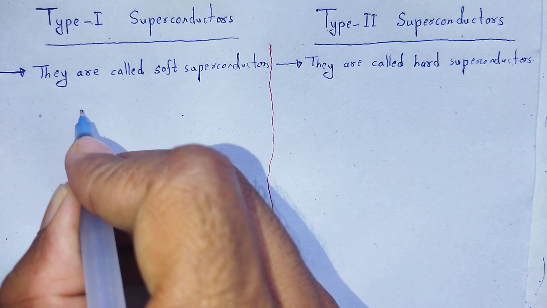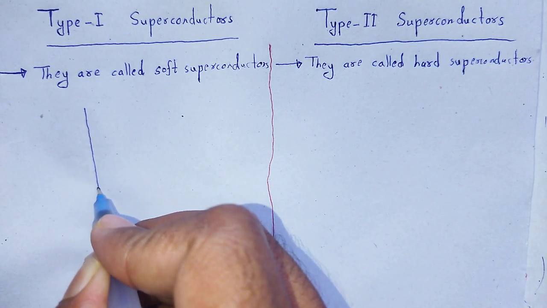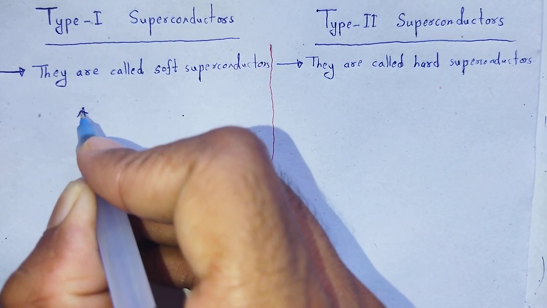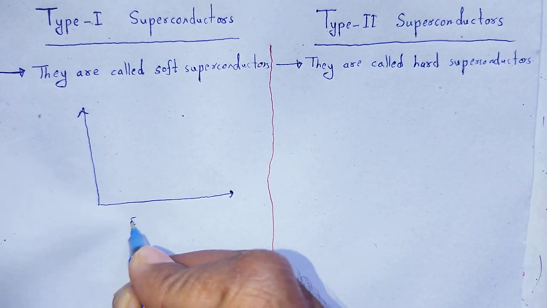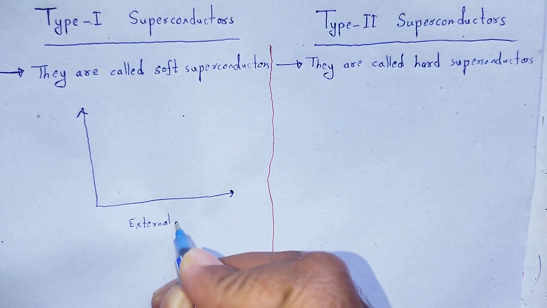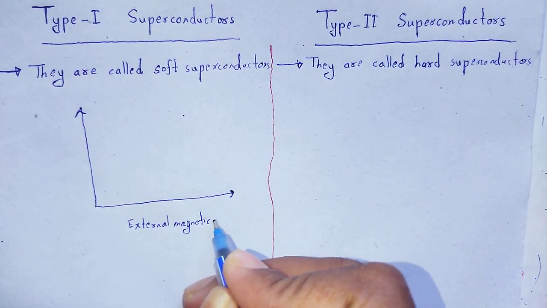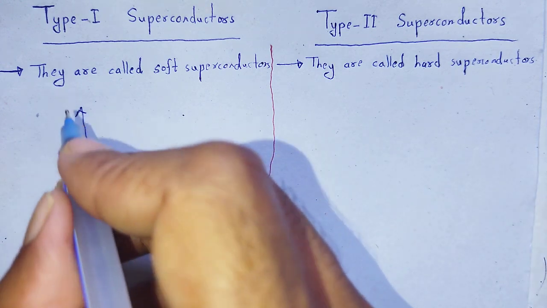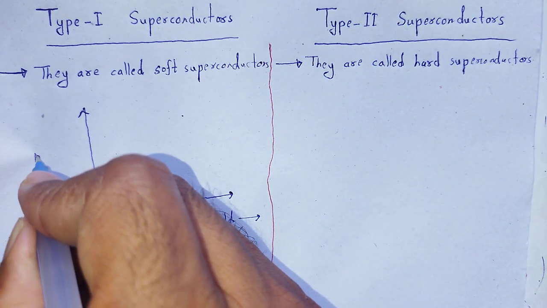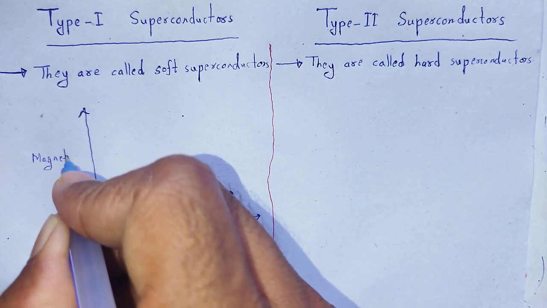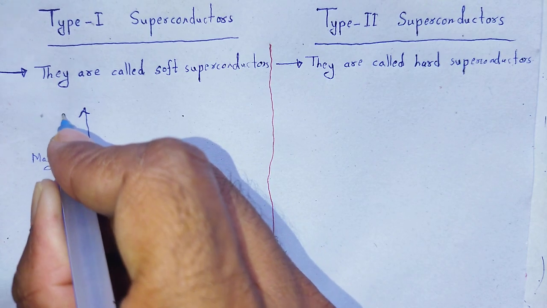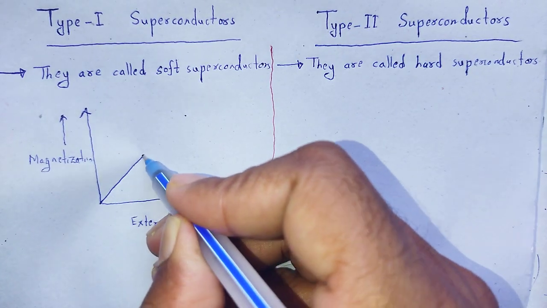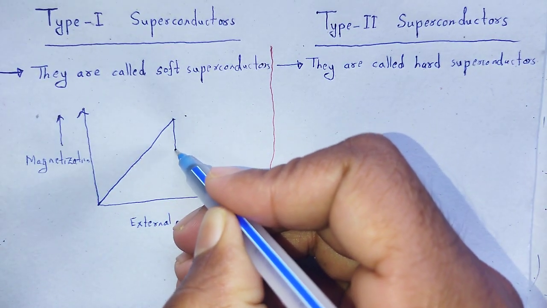If we plot a graph in between external magnetic field along x direction and magnetization along y direction, the graph we obtain looks like this.